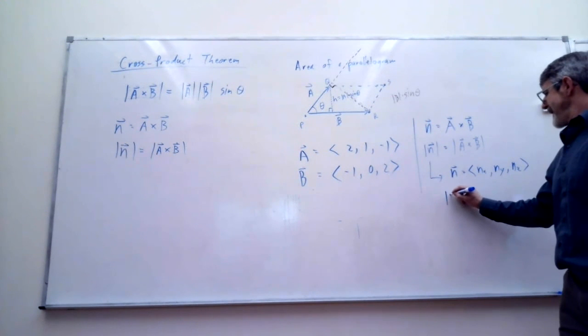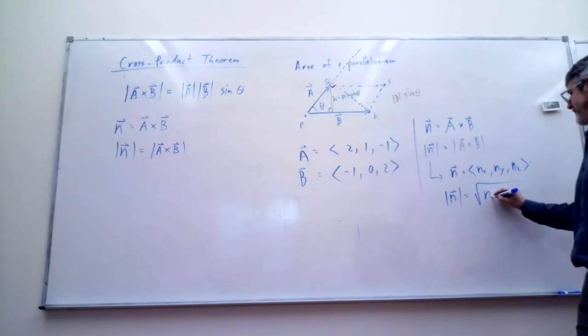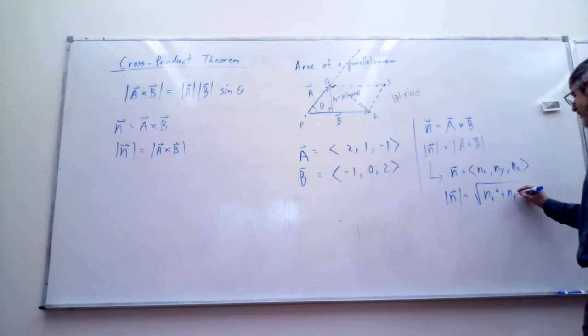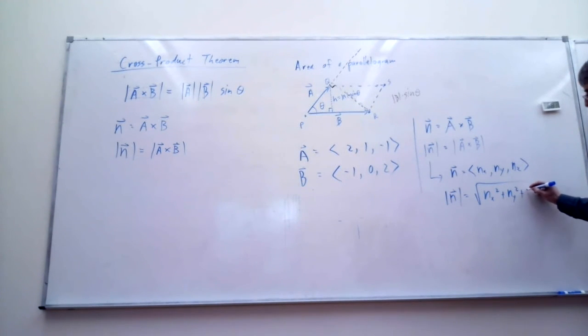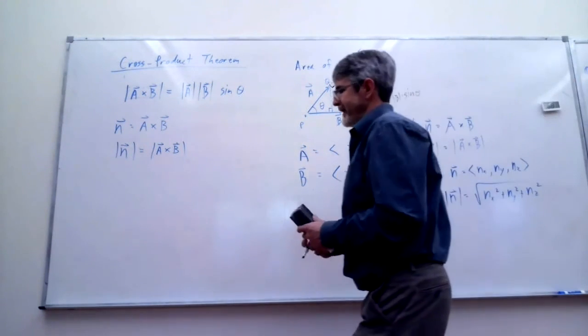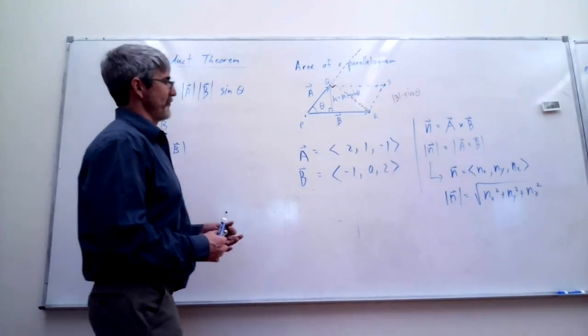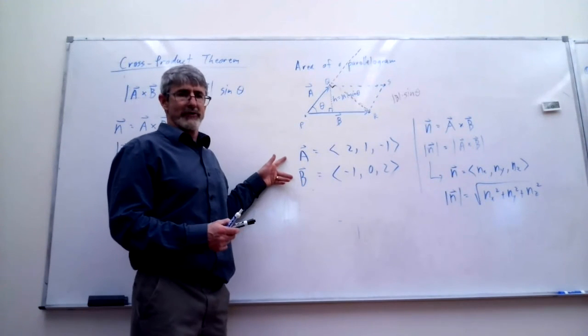And we can say that the magnitude of the normal is, using the Pythagorean theorem, the square root of the sum of the squares. Once we figured out how large the normal vector is, we could use that to determine the area of the parallelogram that has these two vectors as sides.